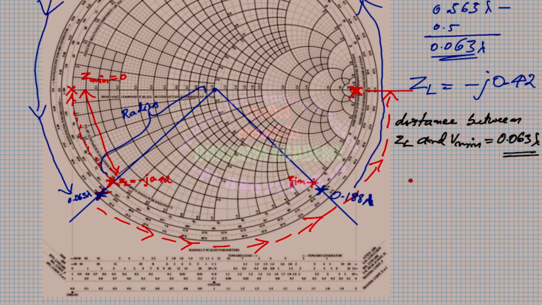Are you okay? Now you calculate the distance between these 2 points. This point is 0.063 lambda and this point is 0.25 lambda, correct?